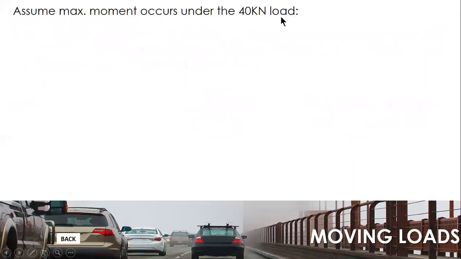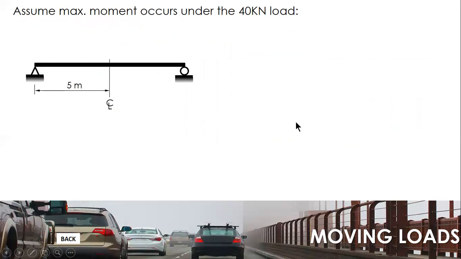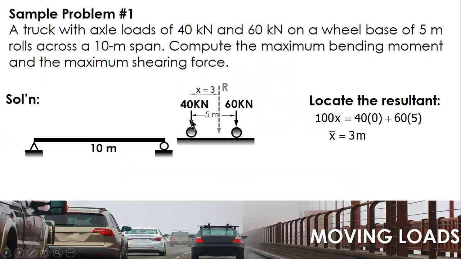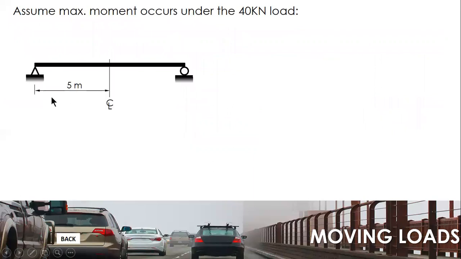Assume the maximum moment occurs under the 40 kilonewton load. So, this is the center of the beam. Take note, the distance between R and 40 is 3, and between R and 60 it's 2. So the 3 is bisected by the center, half of 3 is 1.5, 1.5.